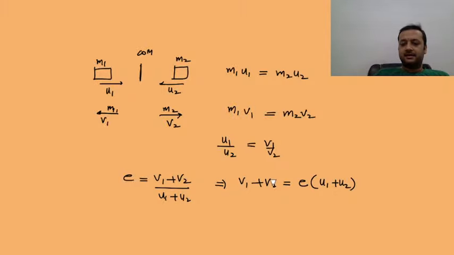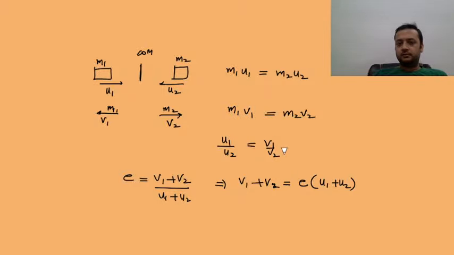Again, a very beautiful observation. So the sum of final speeds has become E times the sum of initial speeds, whereas the ratio remains the same.